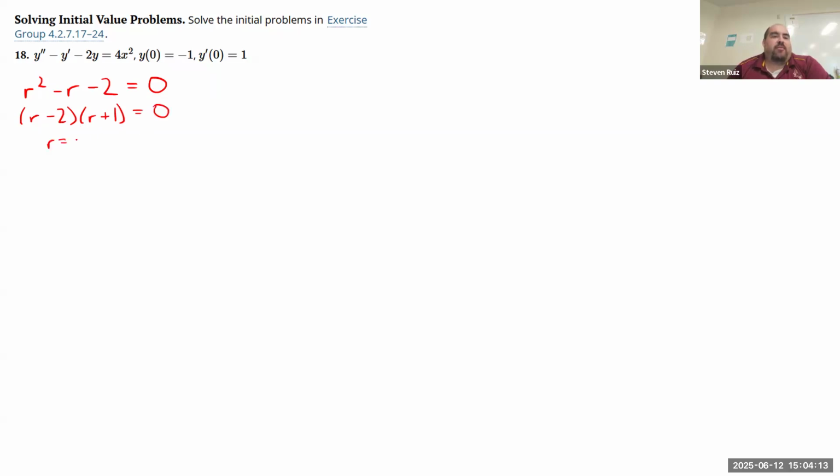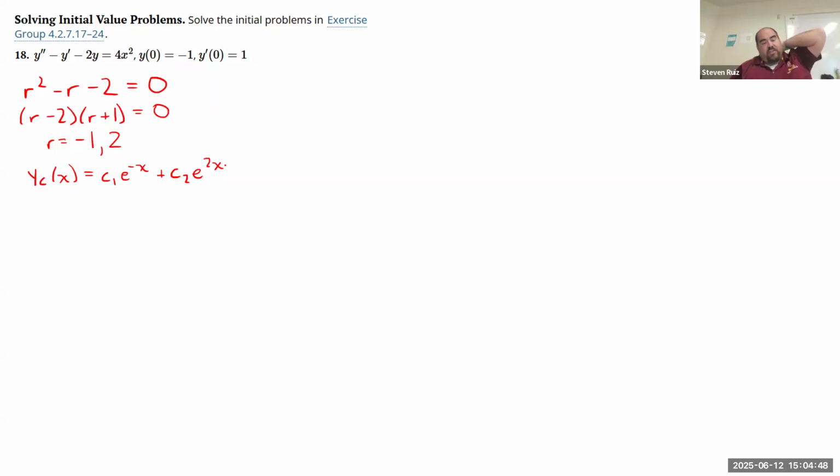So I should get r equals negative 1 and positive 2. So that means my complementary solution, yc of x, is equal to c1 e to the negative x plus c2 e to the 2x. So that's the complementary solution.